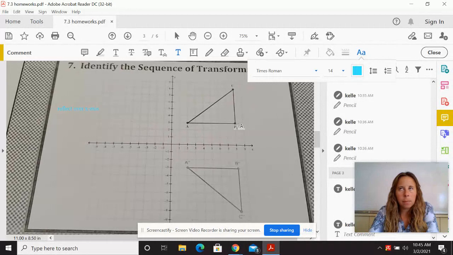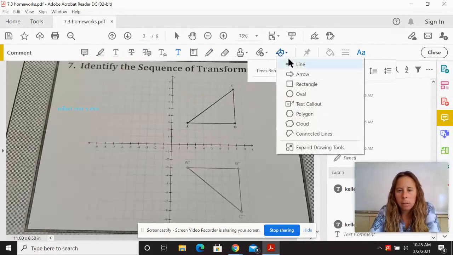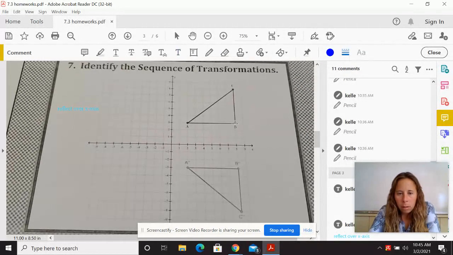Just like number 5, you're just going to reflect directly over the x-axis. B is currently 3 away from the x-axis, so I need to go 3 away from the x-axis, which it is. I'm going from 3 to -3.